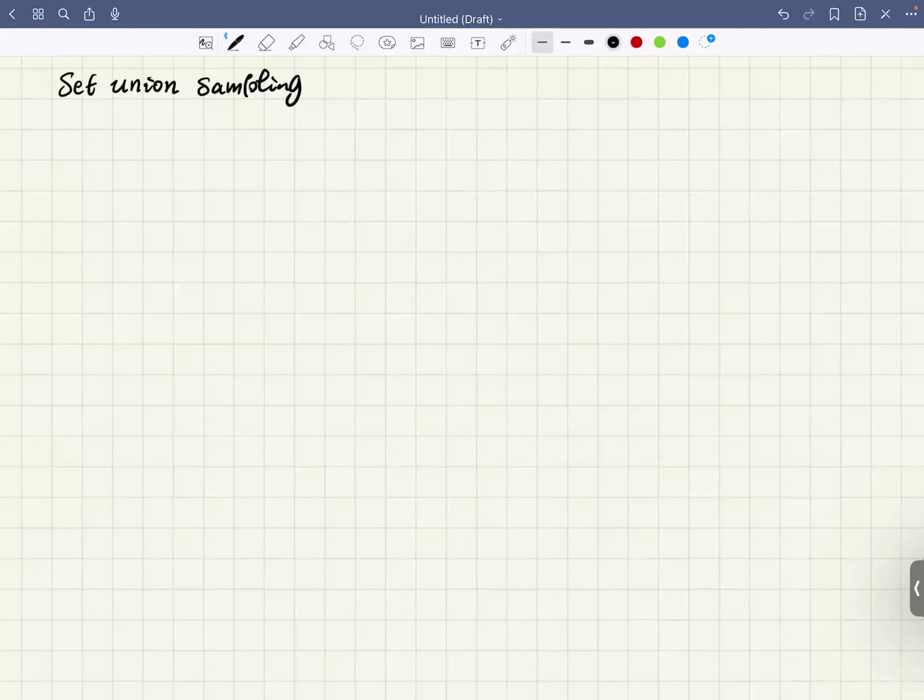So we will first define the problem, and then we will talk about how to solve it. Here we have a number of sets, S1, S2, all the way to Sm.